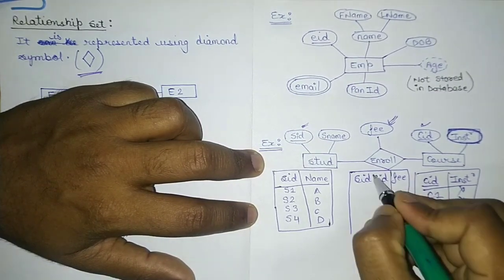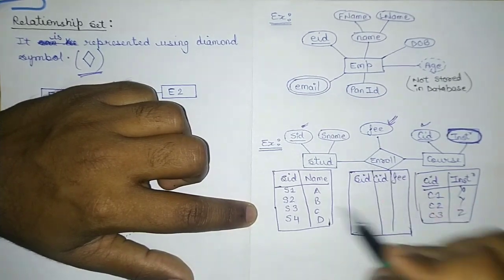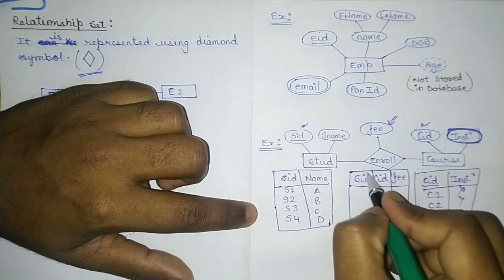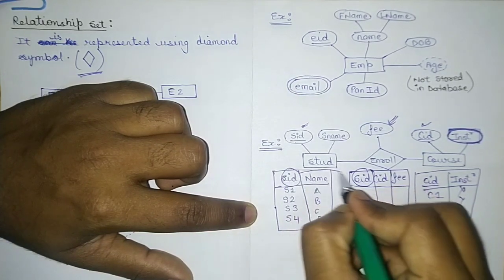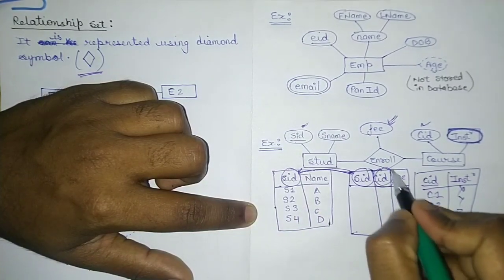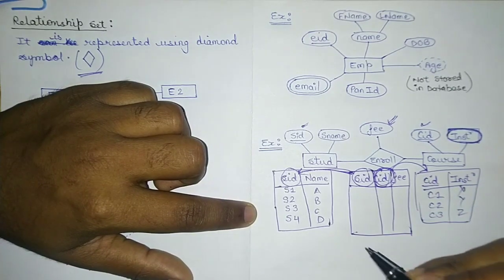Now see, how many foreign keys are there? If I'm having these attributes, how many foreign keys? So this SID will be referring to this particular student ID. So this is one foreign key, and this CID, course ID, is referring to this particular course ID. So this is one foreign key.